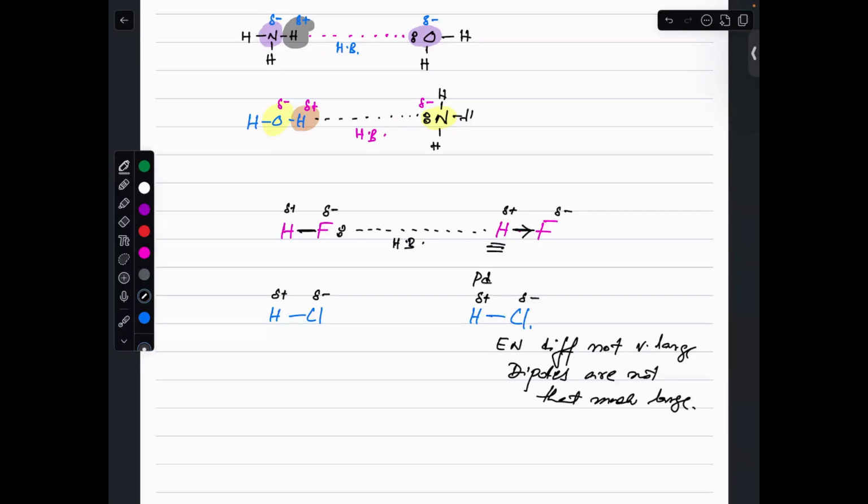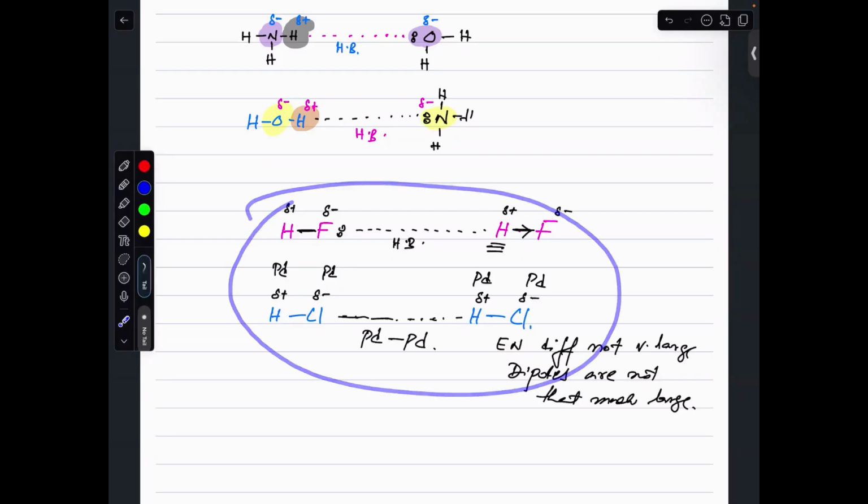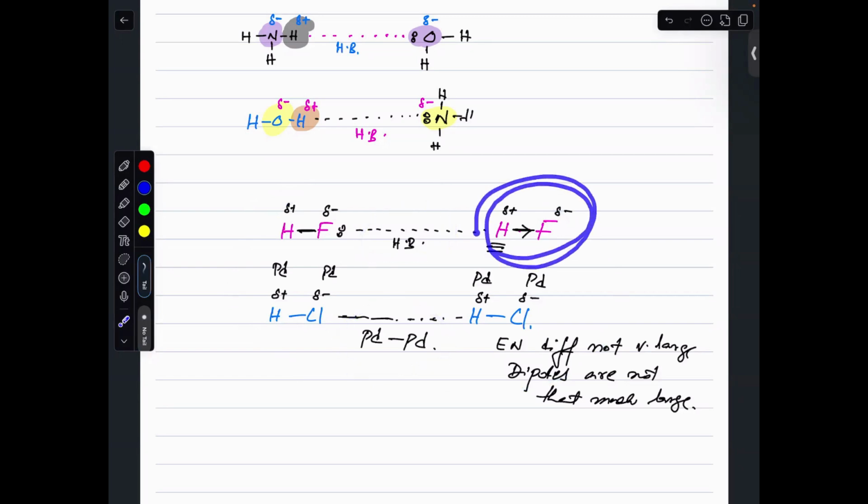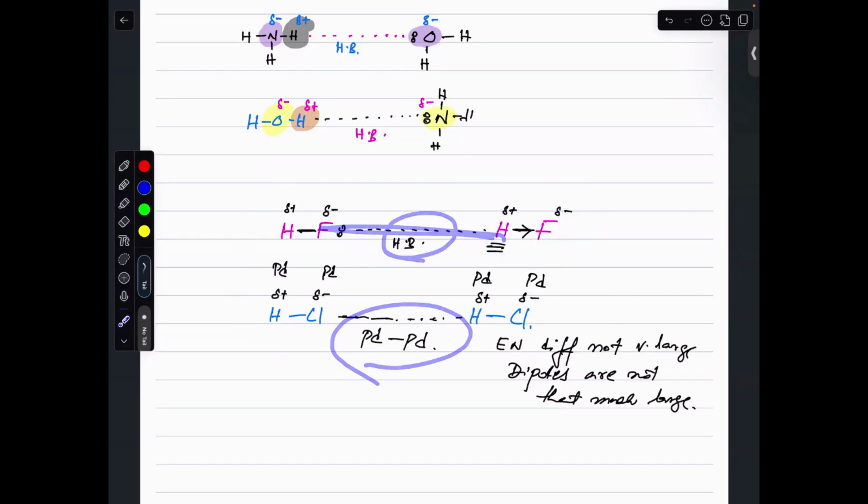Will they attract? Yes. So this is called PD-PD interaction, a permanent dipole attracting a permanent dipole. So there is a strong similarity between hydrogen bond and PD-PD. But what is the major difference? The electronegativity differences are large, their dipoles are large, therefore the hydrogen bonds are stronger than the PD-PD.